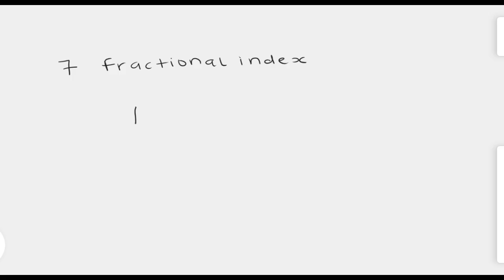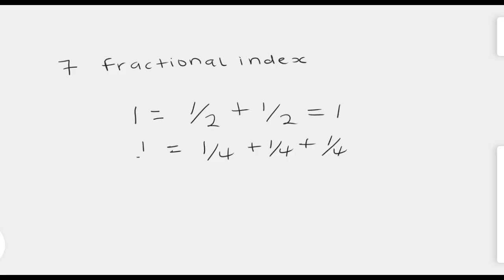So if you divide 1 into 2 places, you get half, right? Half plus half will give you 1, right? So if you divide it into 4 now, it will be 1 over 4 plus 1 over 4 plus 1 over 4 plus 1 over 4, which will give us 1.